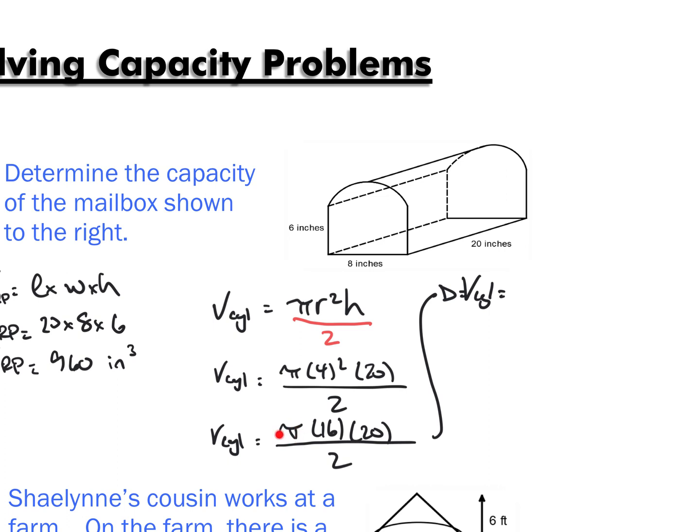I would go pi times 16 times 20 divided by 2. So pi times 16 times 20 divided by 2. And what I get is 502.65 inches cubed.